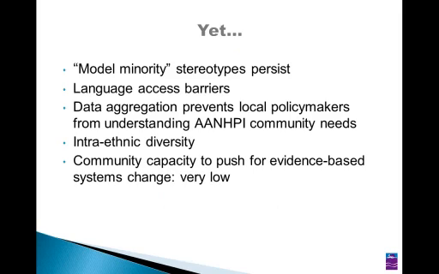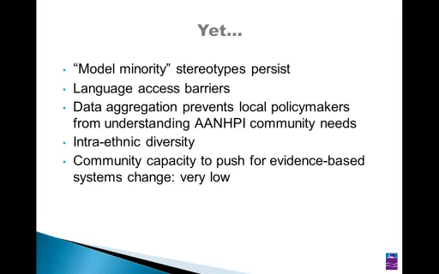Among these challenges, in 1996, a CDC Office of Smoking and Health report found that Asian American and Pacific Islanders were found to have a low to very low capacity to conduct research, develop infrastructure, create and manage programs, and develop policy initiatives on tobacco control. We've extrapolated this information to cardiovascular disease, and we're aiming to increase community capacity to push for evidence-based system change.